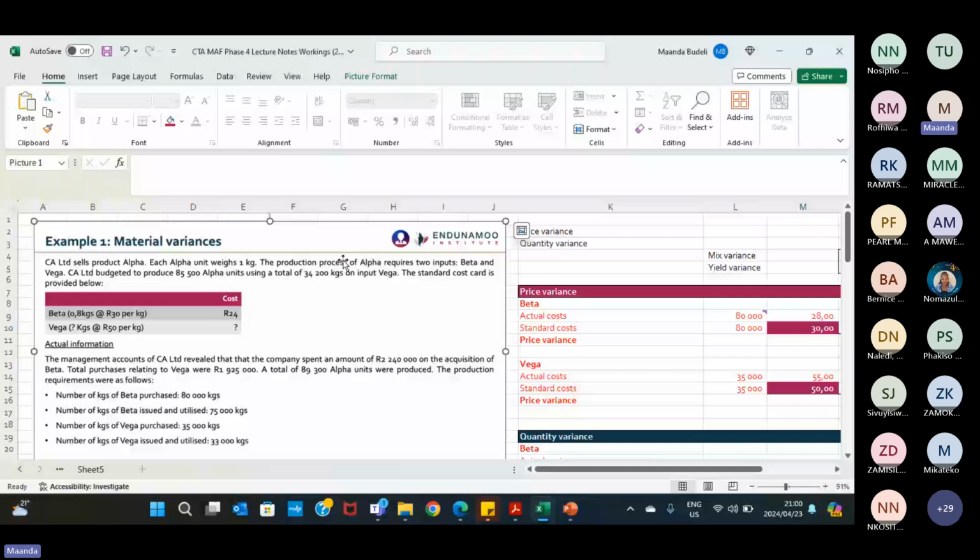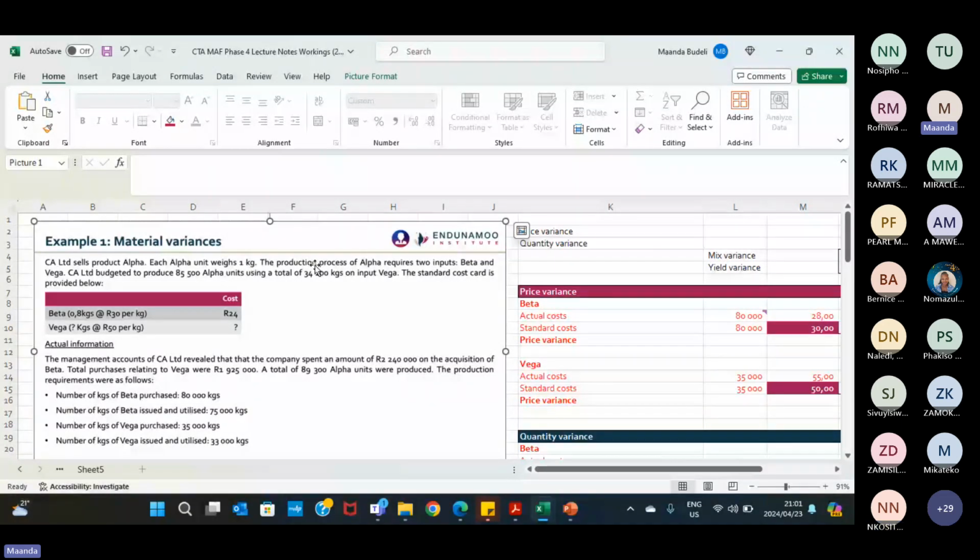So maybe if this sentence was not there, I would say I agree with you, go take 0.8 and 0.2. But this line that came here needed to prompt you to calculate, because you can't just minus and not confirm by dividing this. So if this was not there, I agree with you. Yes, but you needed to check: they gave me the total units and the kgs of alpha that are needed.